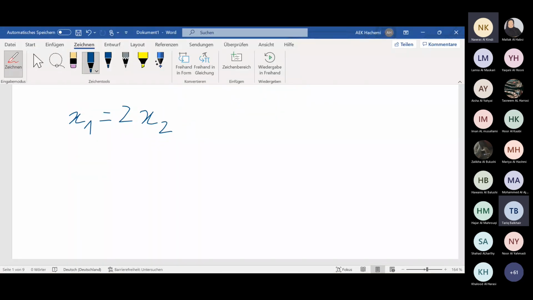Then we can write that x1 dot dot will be equal to 2 times x dot dot 2.